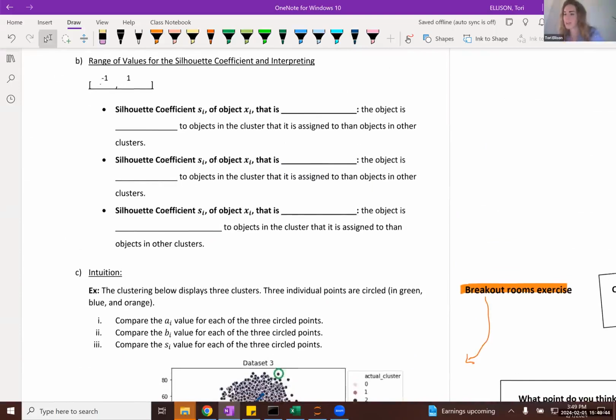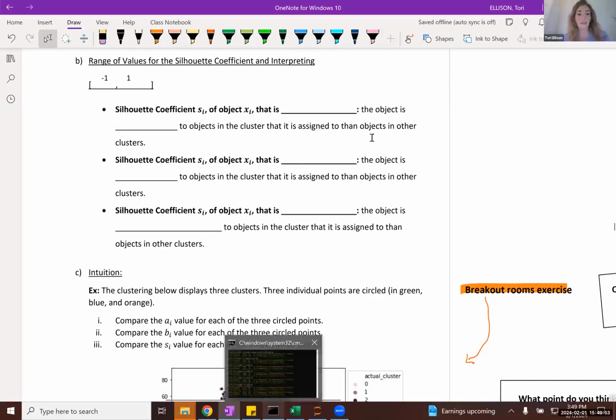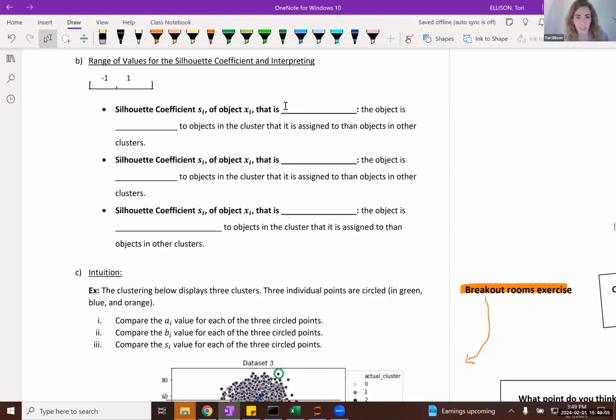So we say that for a given observation, xi, that has been assigned to a given cluster in a data set, when the silhouette score of that object is large, what that means is the object is closer to objects in the cluster that it is assigned to than objects in different clusters.